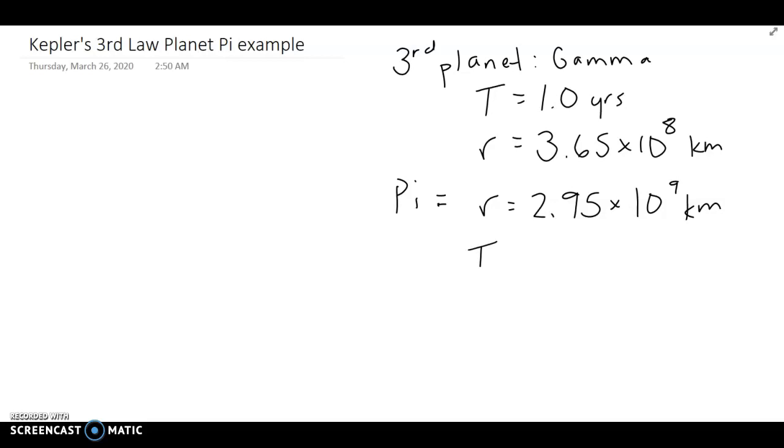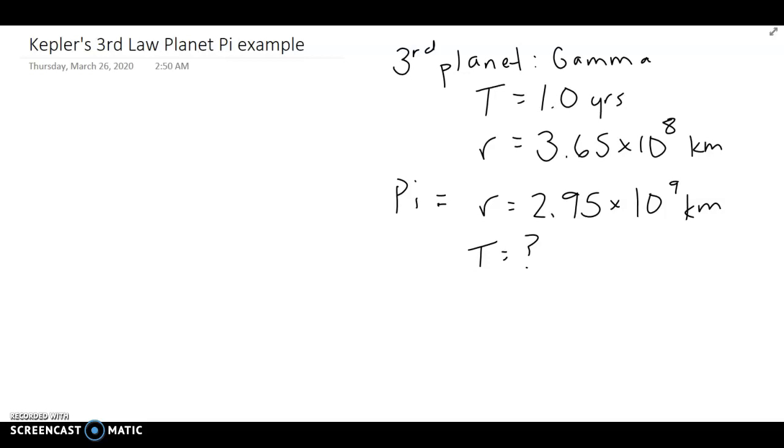And we want to know what its period is, or how many Gamma years it takes for Pi to make one revolution around their star. Just like we say it takes Mars a certain number of years, I think it's 1.88, to make one revolution around our sun. It's relative to the reference planet we're talking about.